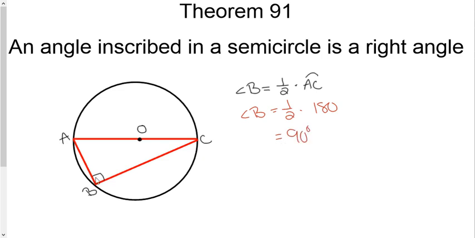So therefore, angle B is a right angle. It does not matter where angle B is placed. It will always be a right angle if it's inscribed inside of a semicircle. You will need to remember that that makes a right angle, and that makes a right triangle, which is probably going to be using that lovely theorem that all of us like to use, the Pythagorean theorem.